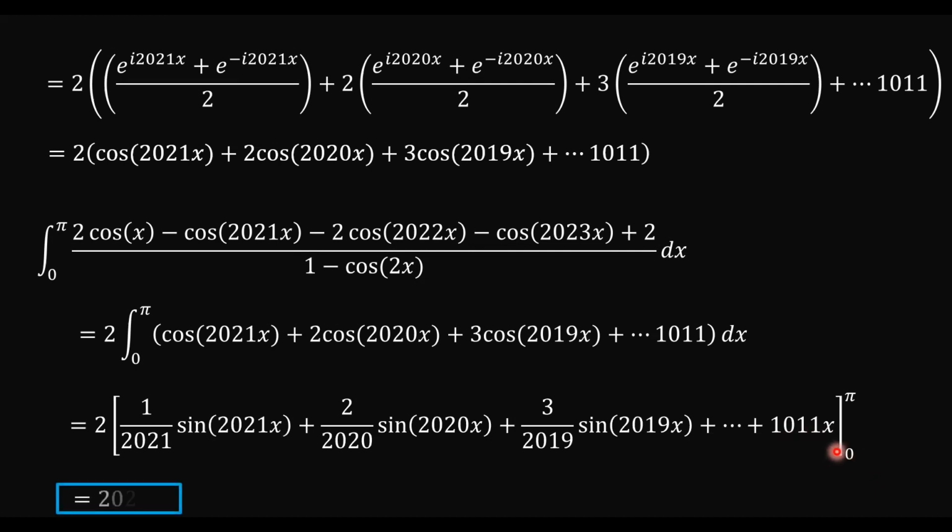So the answer to our integral is 2022 pi. And that is the answer for this problem, which seemed very intricate, but using these identities, it's easy to solve it.